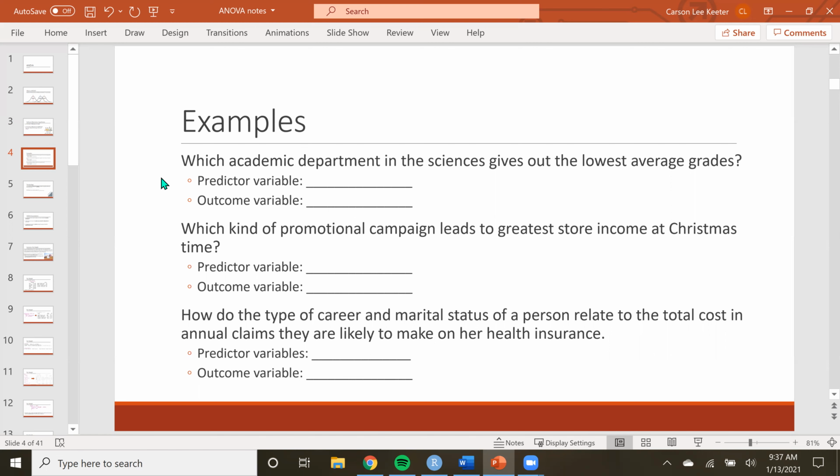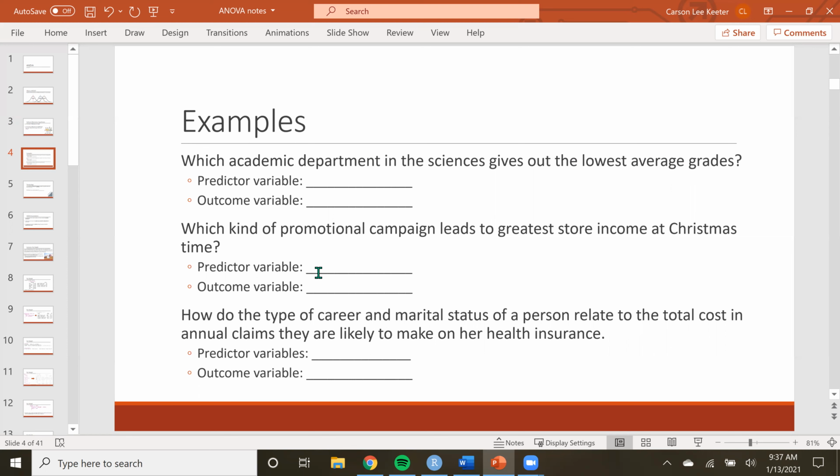Okay, so I've got some examples here. I'll answer the first two and you can see where it goes from there. In this case, which academic department in the sciences gives out the lowest average grades? You can think of it, University of Wyoming, for instance, we have the Department of Statistics and Math and Biology and Physiology and English and Economics and so on.